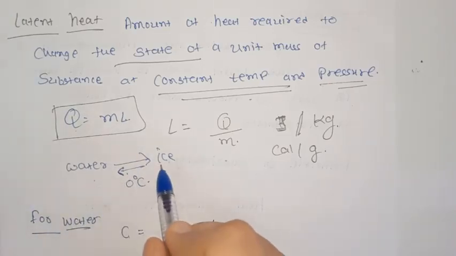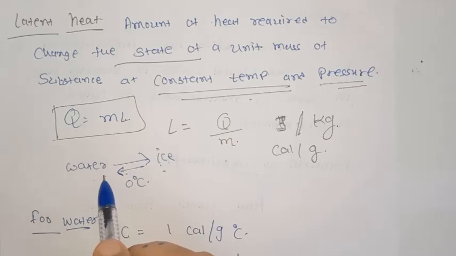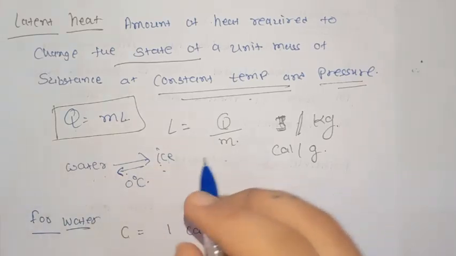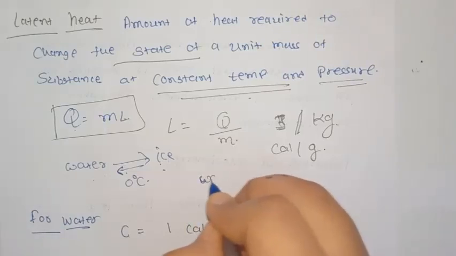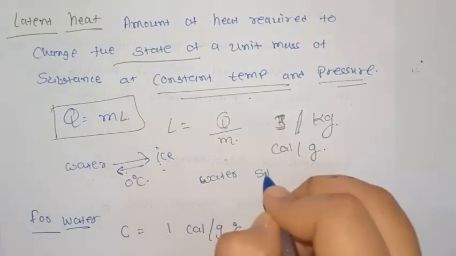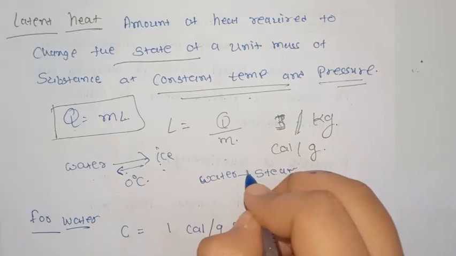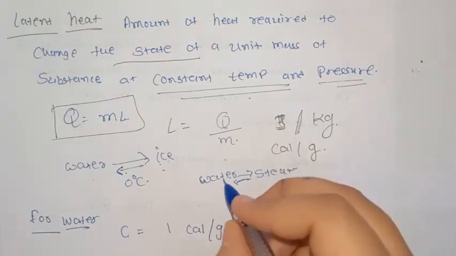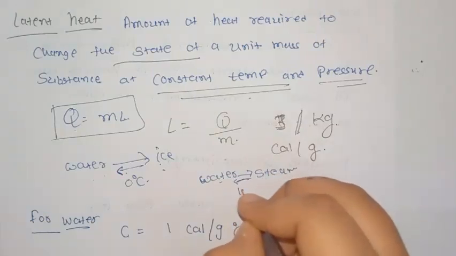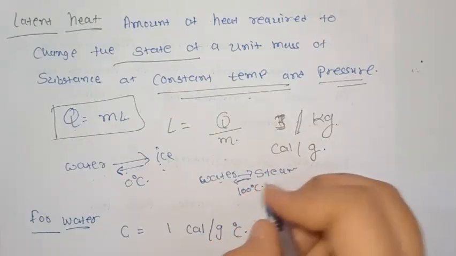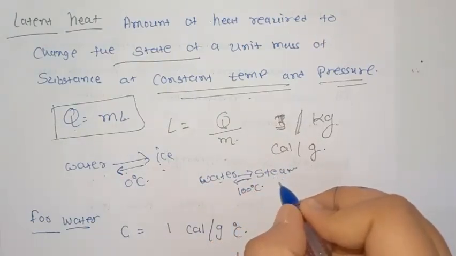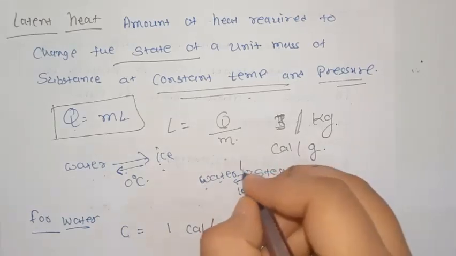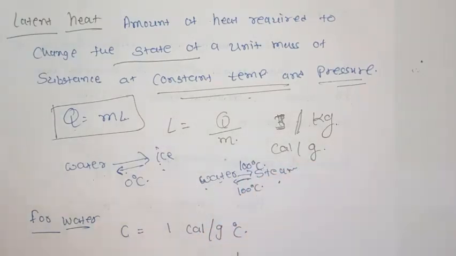So 0 degree ice is converted into 0 degree water and vice versa. Same way, when water and steam are converted, the temperature is not changed. That means water is converted into steam at 100 degrees Celsius, and after condensation steam is converted into water, that is also at 100 degrees Celsius only.